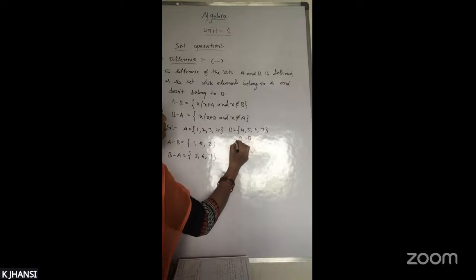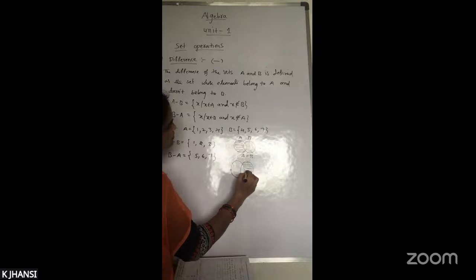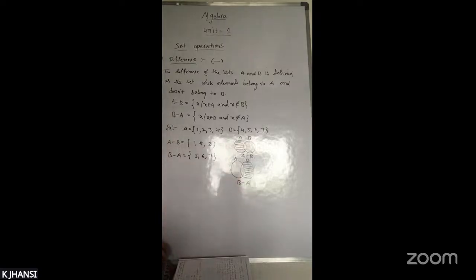A, B. So like this is A minus B. And if you take B minus A, A, B, this is B minus A. That means only elements in B, only elements in A. That is the definition of difference operation.